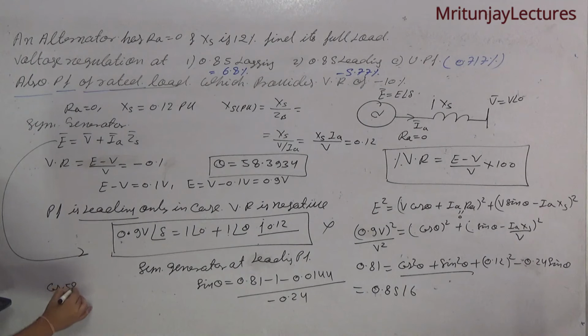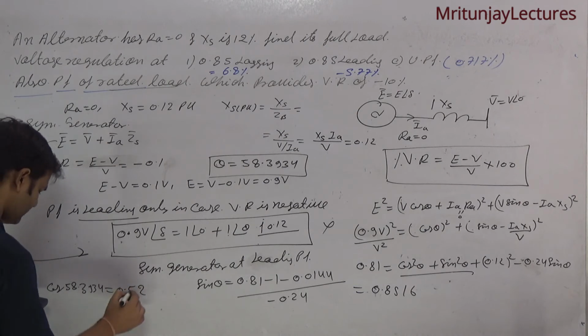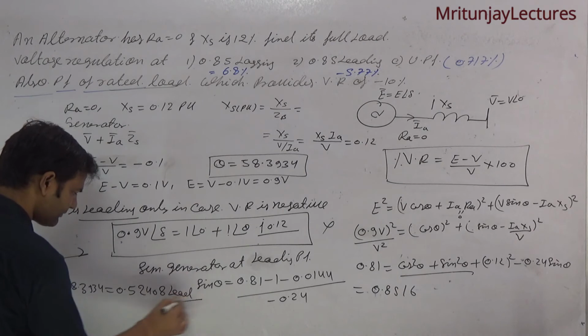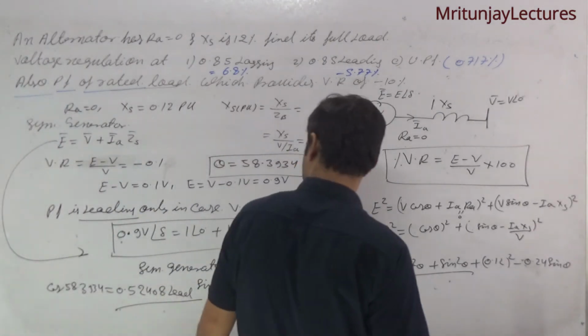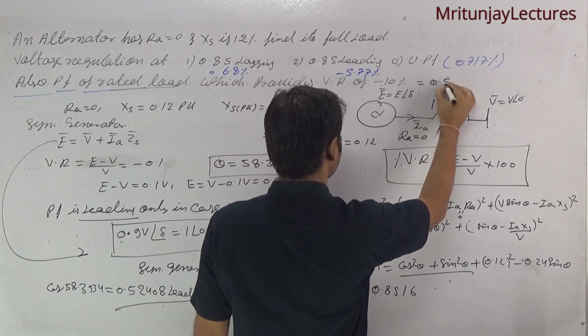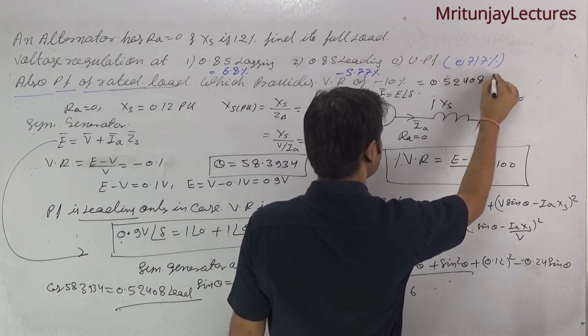Cos 58.3934 is written as 0.52408 leading. Okay, so you can say that the power factor is 0.52408 leading.